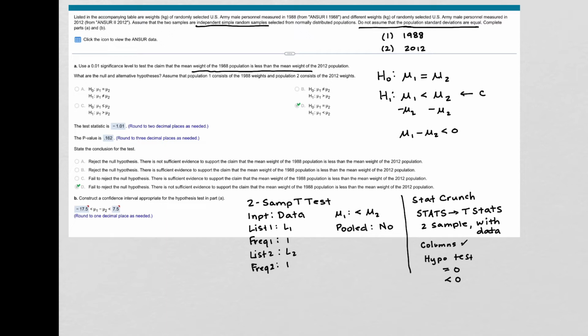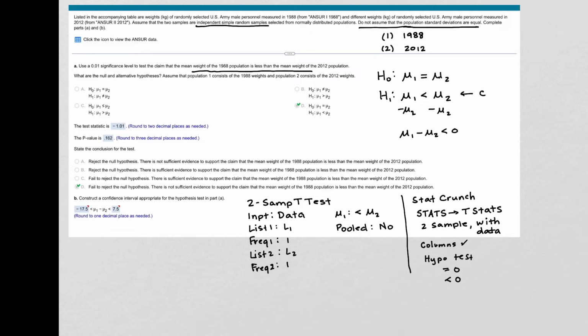All right, so I'm going to do my hypothesis test, and my significance level is 0.01. There are a lot of other options, and I'm just going to go ahead and compute.